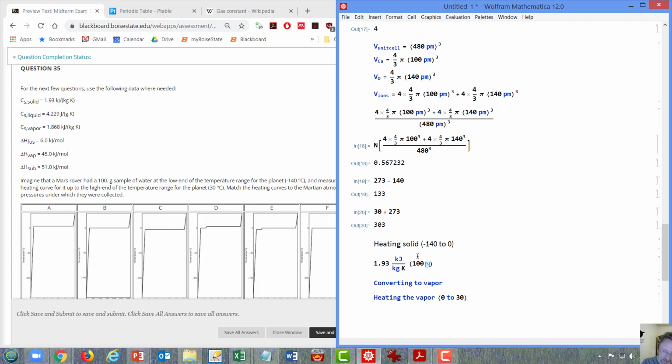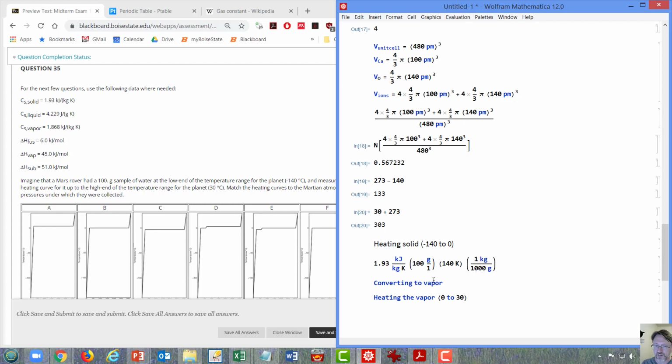I'm going to put that over 1 so that we can see what cancels and what doesn't. And we multiply by the temperature change. We are going up by 140 degrees, and a degree C in change is the same as a degree K in change. So we multiply by 140 K. So the kelvins cancel, but the grams and the kilograms don't. So we now need to do a conversion from 1,000 grams to 1 kilogram.